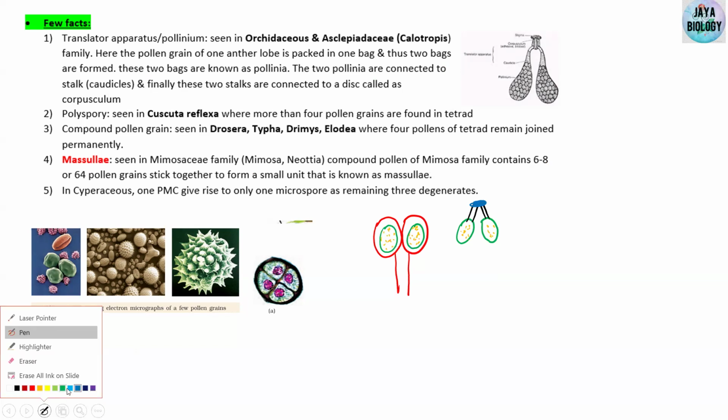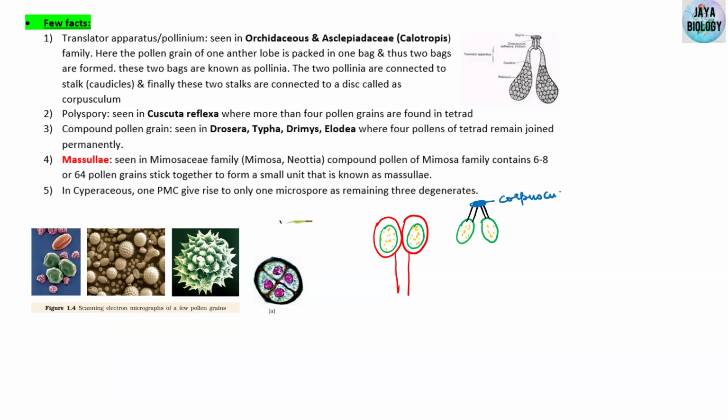So let me do the labeling. What is this disc? Disc is known as corpusculum. Achha, sorry, beta. Stalk is known as caudicle. And these 2 green bags are known as pollinia.